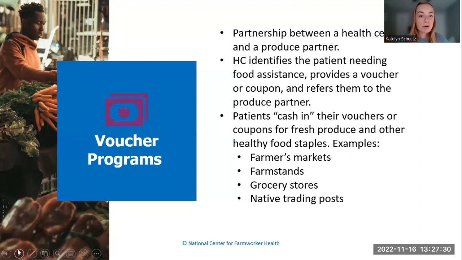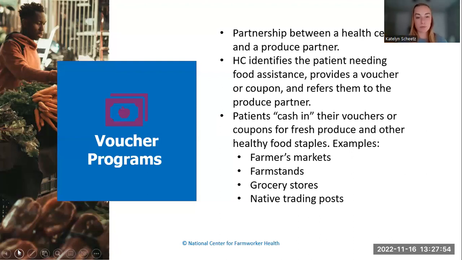So a voucher program is a partnership between a health center and a produce partner. And in this type of model, the health center is going to identify the patient who needs food assistance, provides a voucher or a coupon for a certain amount of produce, and then they refer them to the produce partner, right? That's the bare bones.